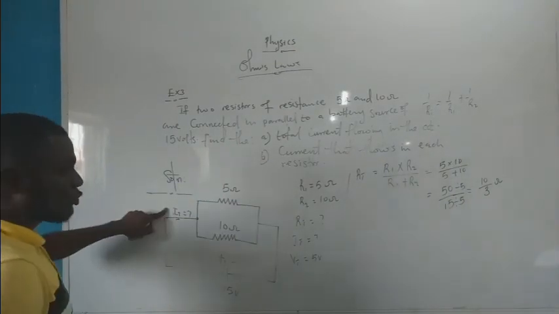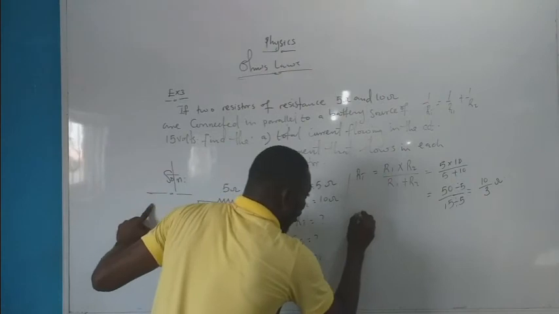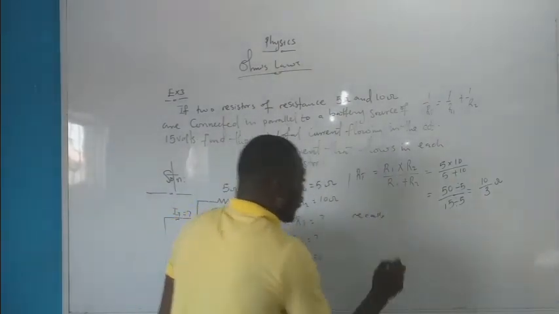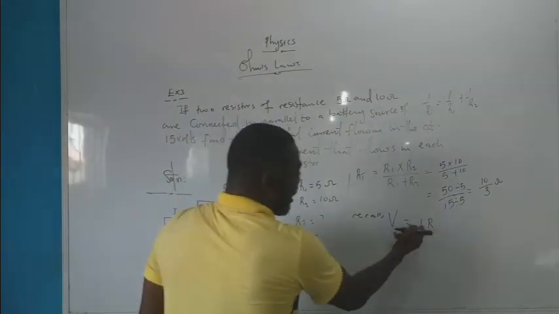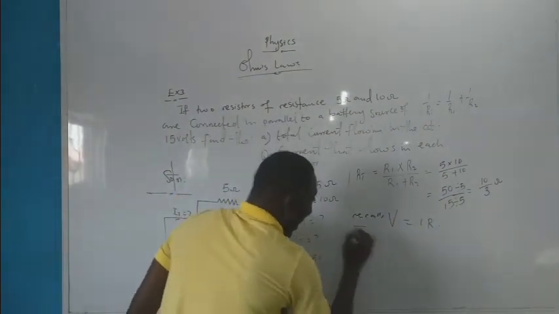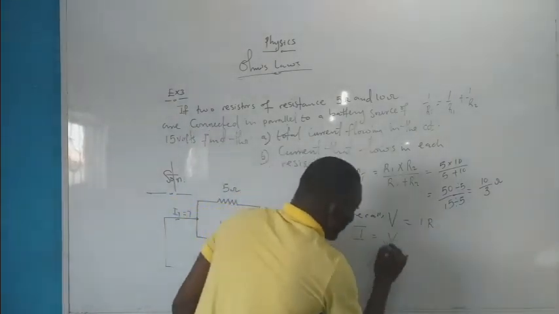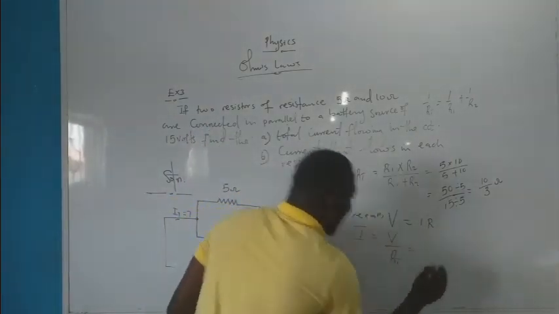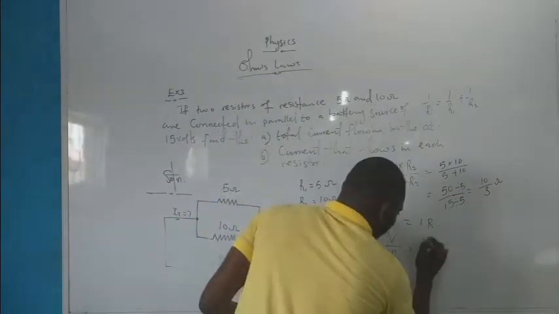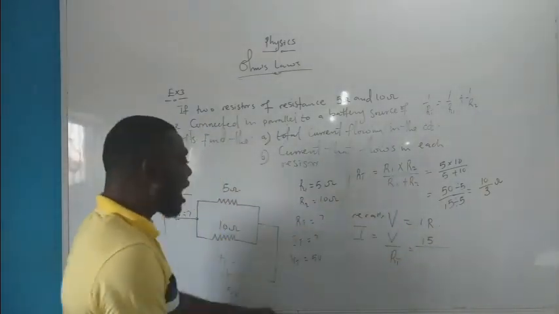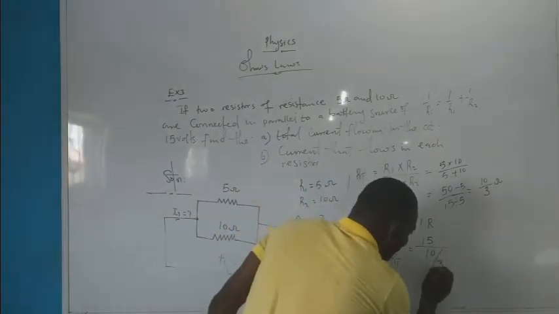So what will be the total current? Recall from Ohm's law that V equals IR. So I total will be equal to V over R total. V is 15, R total is 10 upon 3.